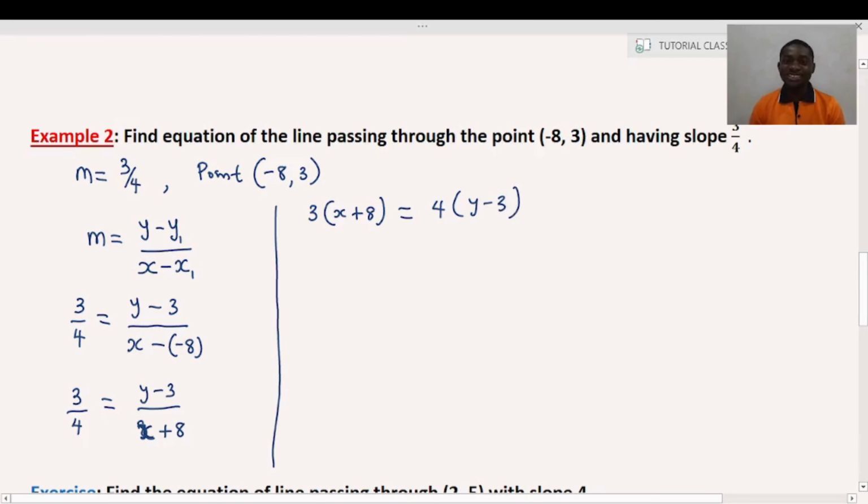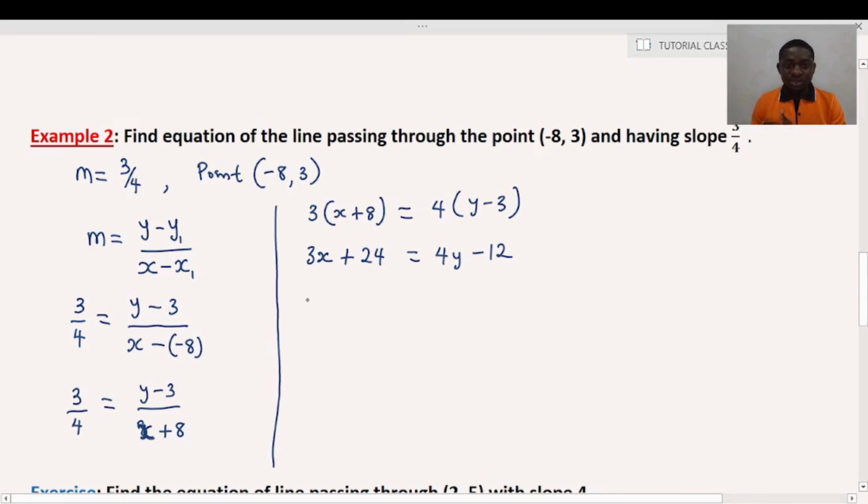Isn't that interesting? All right, so we then open the bracket. That becomes 3x plus 24 equals 4y minus 12. Now the next thing is, let's rearrange so that the terms with letters are on one side and the terms without letters are on the other side of the equal sign.